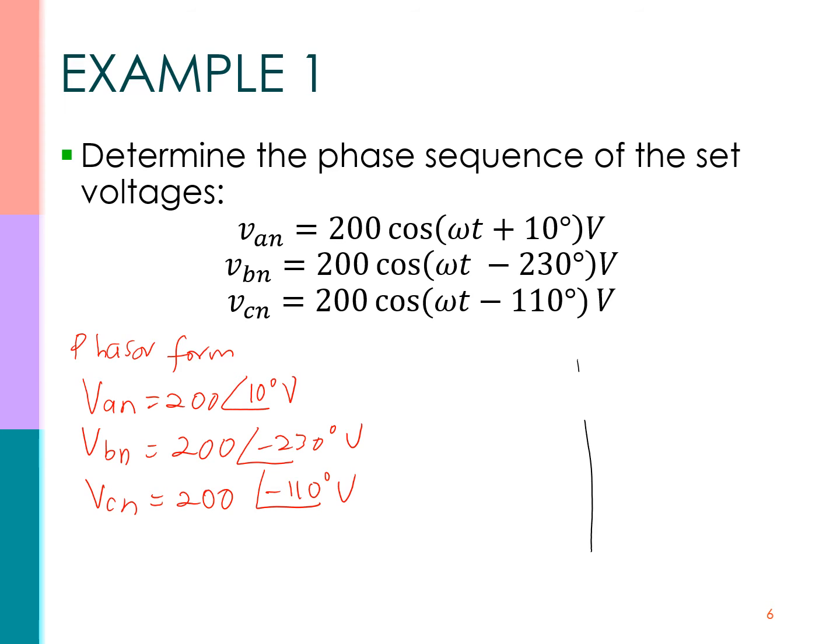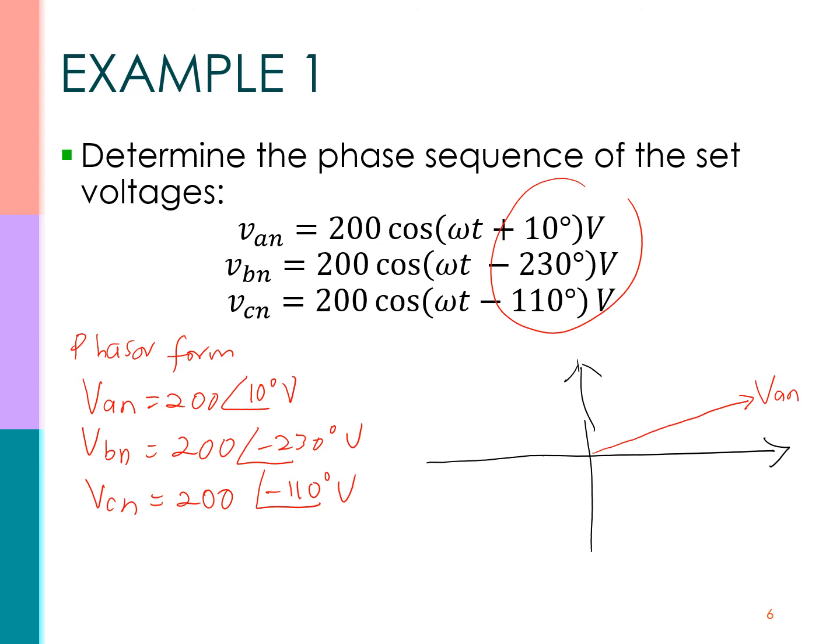Then what you can do is draw a phasor diagram, so that you can see the location of VAN, VBN, and VCN in terms of their angles. The angle of VAN is 10 degrees, and it should be labeled VAN. The second one is VBN at minus 230 degrees.